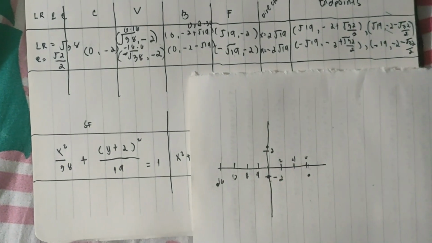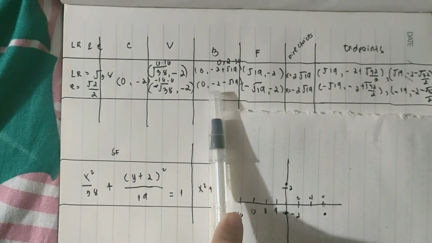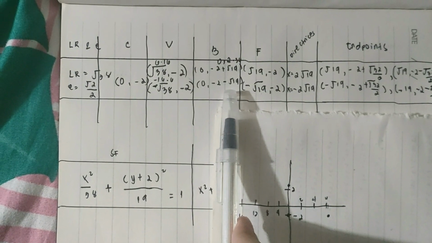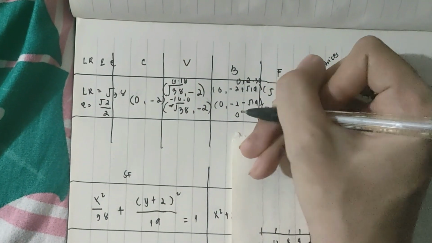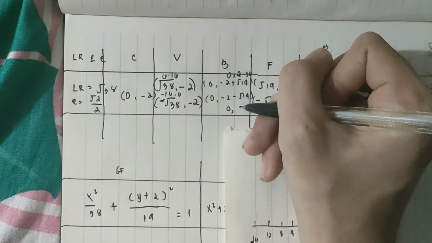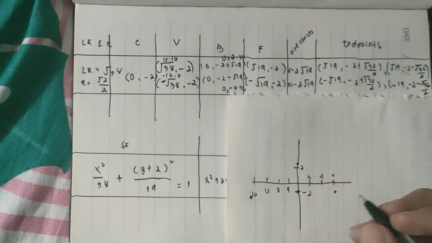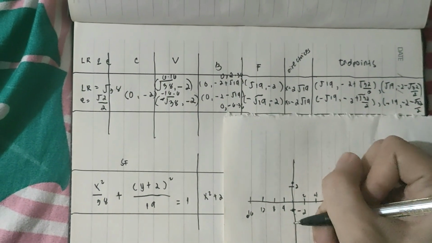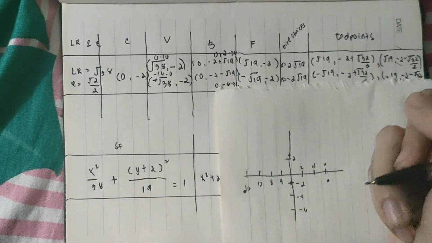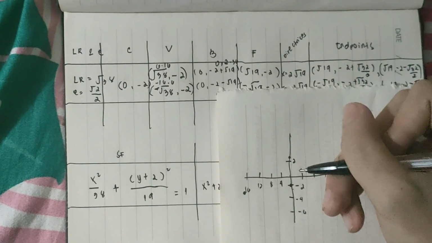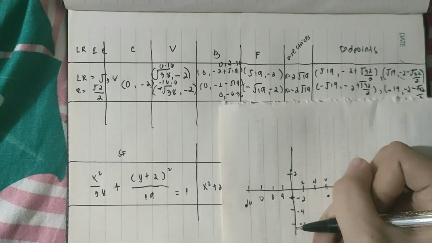Yan. So, ito naman yung another distance, 0, negative 2 minus square root of 19. Yung square root naman nito ay nasa 0, tapos ang square root ay 6.36. So, nandito yan, negative 2, negative 4, negative 6, 0, and negative 6.36.